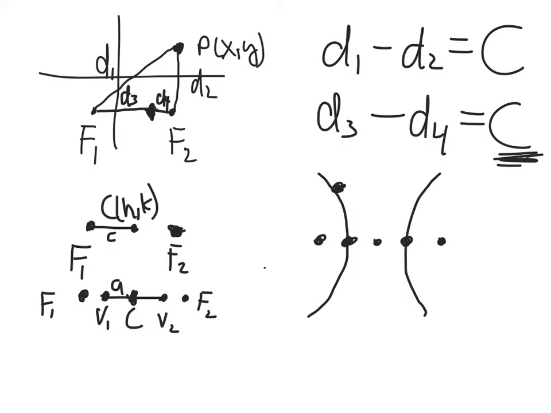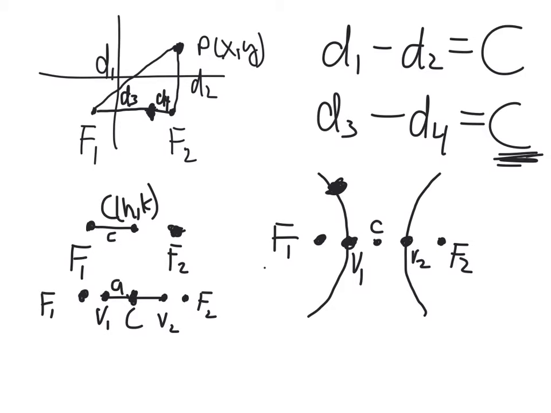You'll just have to imagine, just like you do with any of my drawings, imagine what they're supposed to be, not what they are. This would be the first focus. This would be the first vertex, center, second vertex, and then second focus. Okay, and then again, some point P, X, Y, where the definition fits.